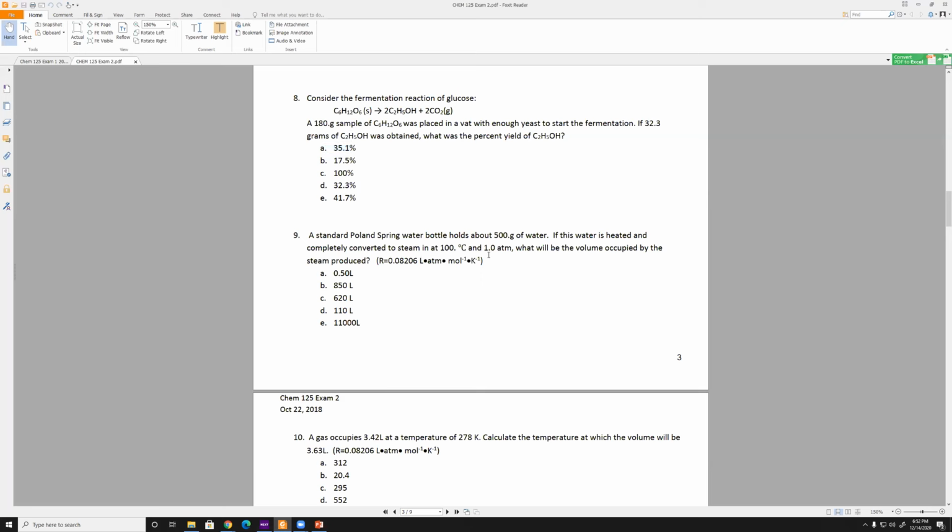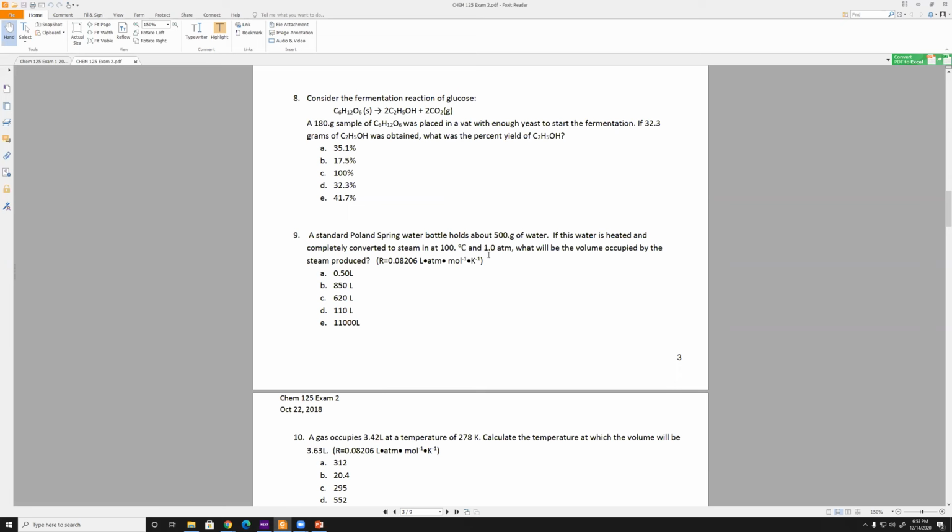Next, number 9. So a standard Poland Spring water bottle holds about 500 grams of water. If this water is heated up and converted to steam at 100 degrees Celsius and 100 atm, what will be the volume occupied by the steam produced? Okay. So we have to use, if they give you that R constant, PV = nRT.